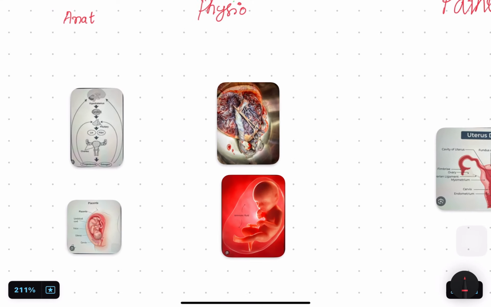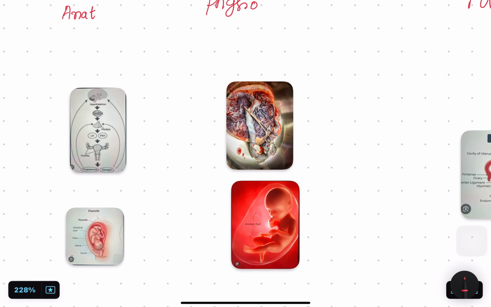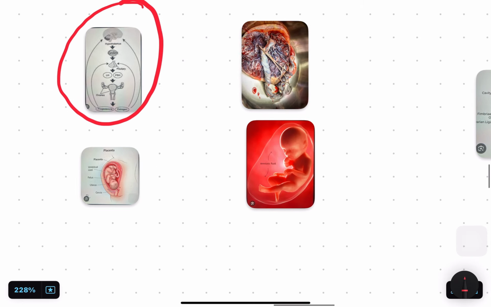For the proper well-being of the fetus, the hormone balance is very important. It influences the uterus, which further influences the attachment of the fetus in the uterus, which further helps in attachment of the placenta as well as the umbilical cord.